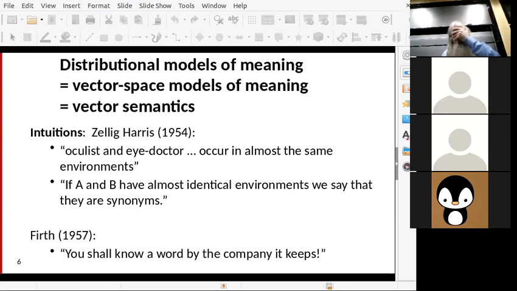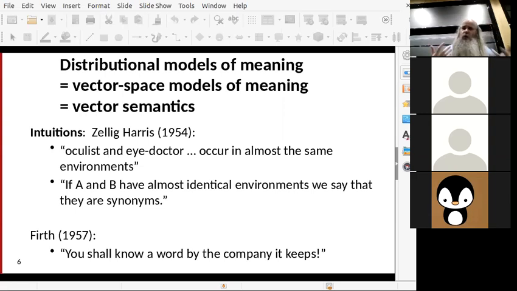Firth, you're going to ask me what his first name was. You're not. John, I think it was. He's Danish. In 1957 he said, you shall know a word by the company it keeps. And that's an important thing to remember because, much as these are just quotes from some linguist from over 50 years ago, what they're saying is very relevant to the computational techniques that we're going to talk about today.